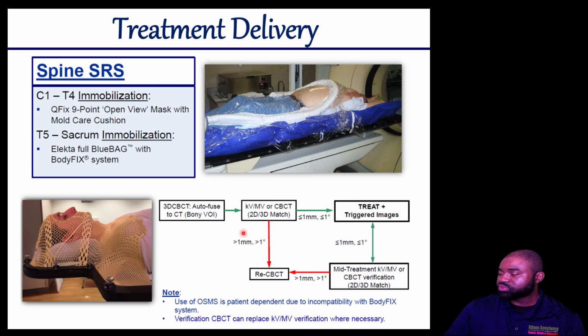And so this really is a comprehensive, complete process with a feedback loop for us to make corrective adjustments to ensure that the positional accuracy of the patient is maintained.